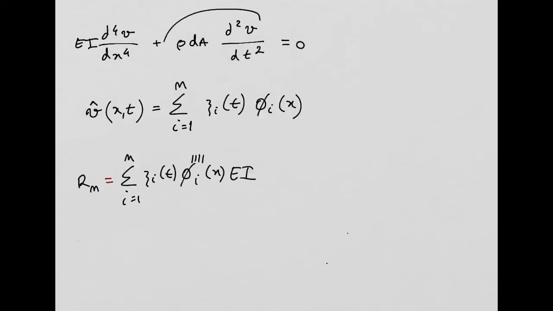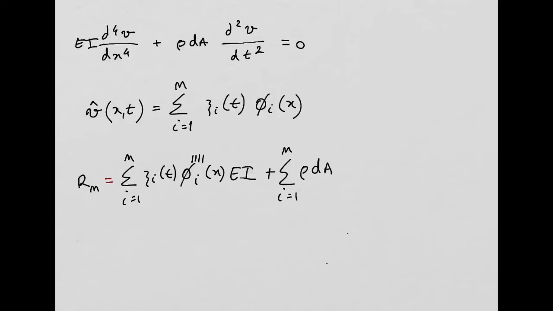Now I need to do this bit here. So this bit, I have the second derivative of my approximation function in order to time now. So I will need to derive only my xi_i function, right? So I will have plus rho dA, or if you want, we can put everything inside the summation, it is fine.